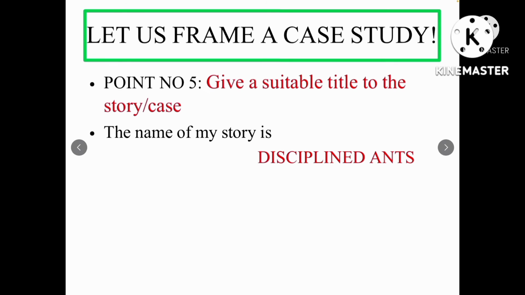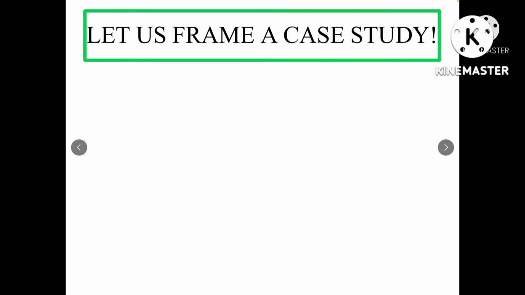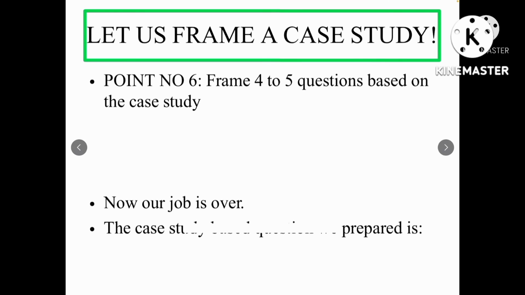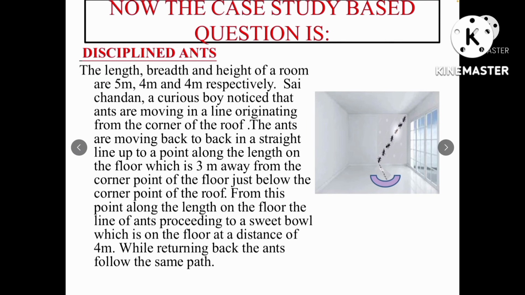So here the name of my story is Disciplined Ant. Point number 6. Frame 4 to 5 questions based on the case study. Now your case study based question is ready. Our job is over. So whatever question we prepared, as a whole it will look like this.